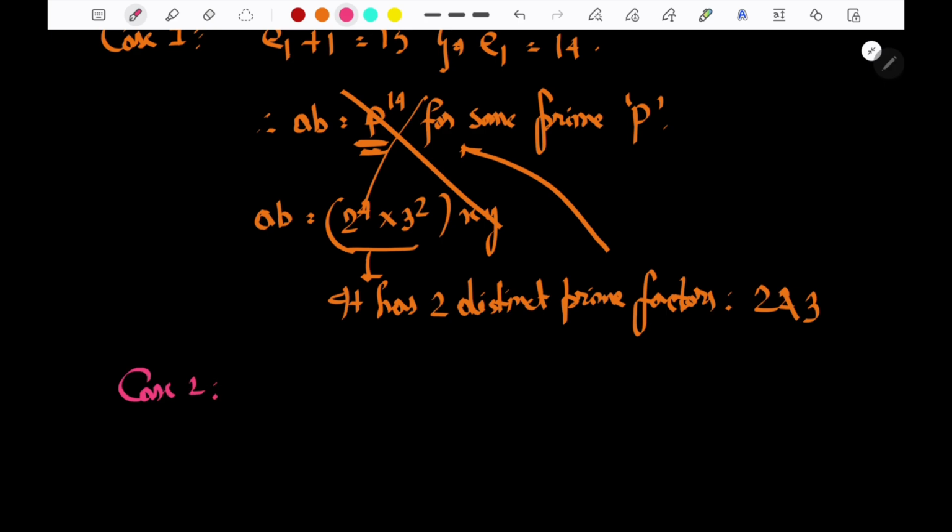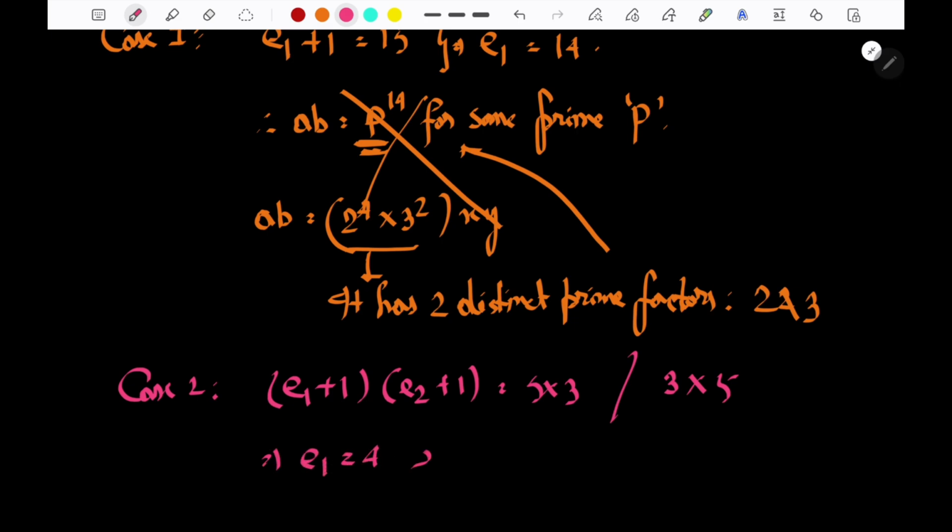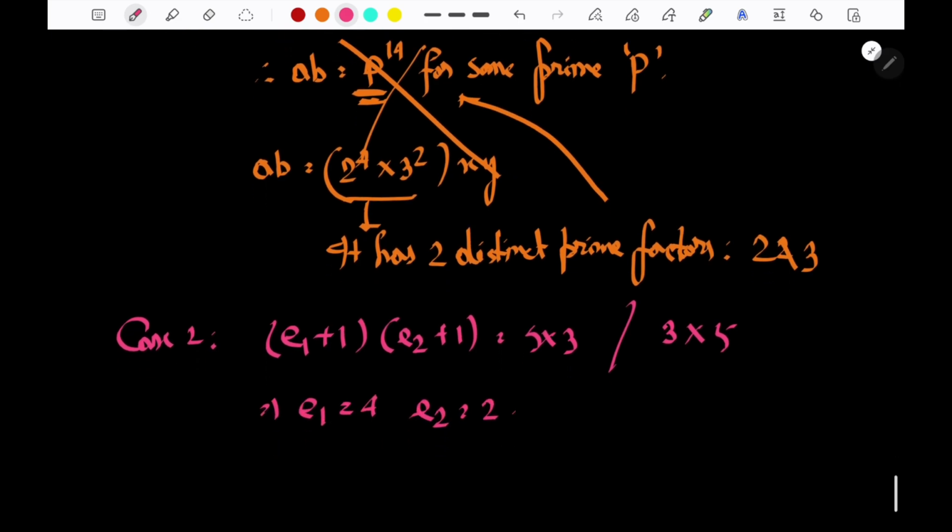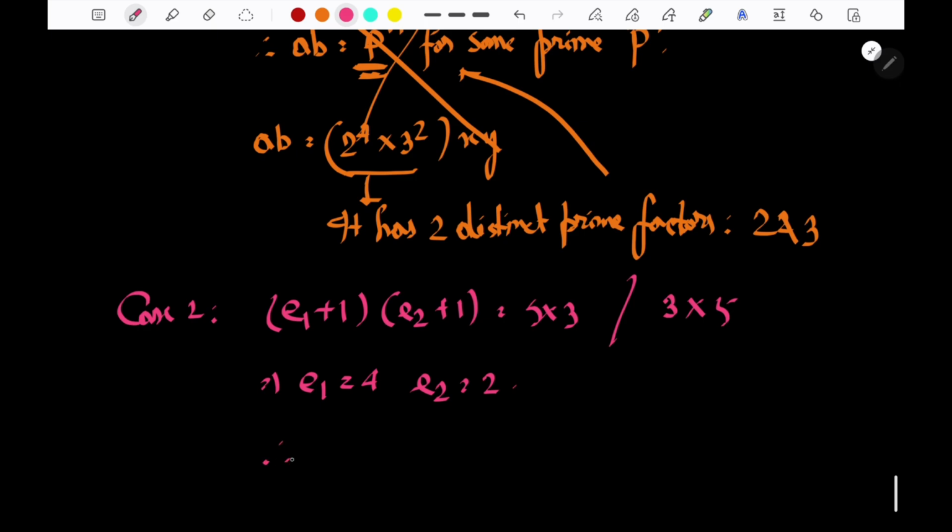Now case 2. In case 2, what we can say is that (E1 plus 1) into (E2 plus 1) is given as 5 into 3 or 3 into 5, whatever. So if I compare, E1 will be equal to 4, E2 is equal to 2. So AB is of the form P1 to the power 4 into P2 to the power 2.